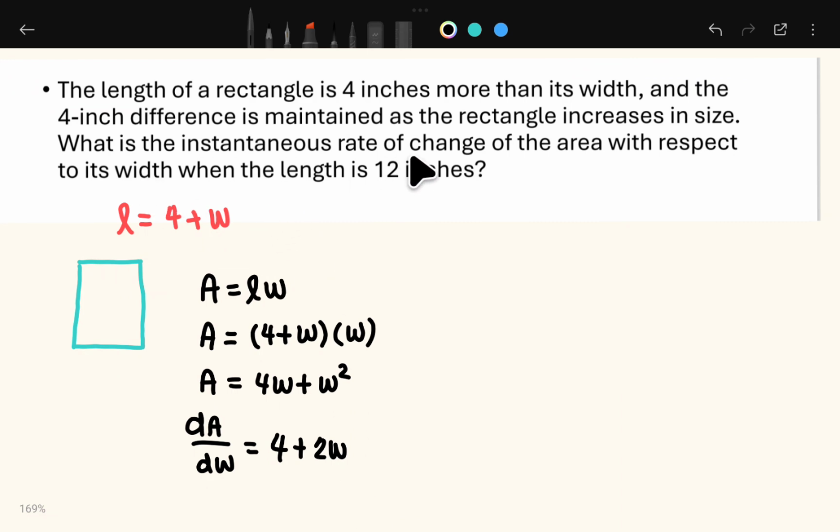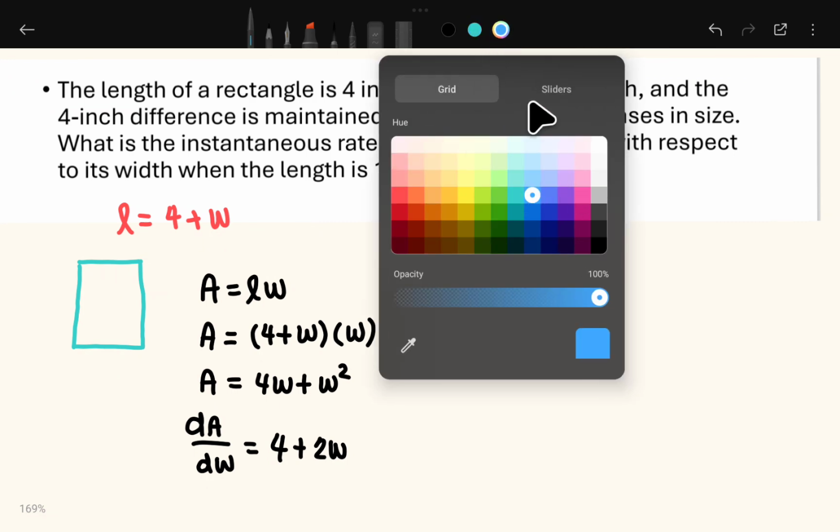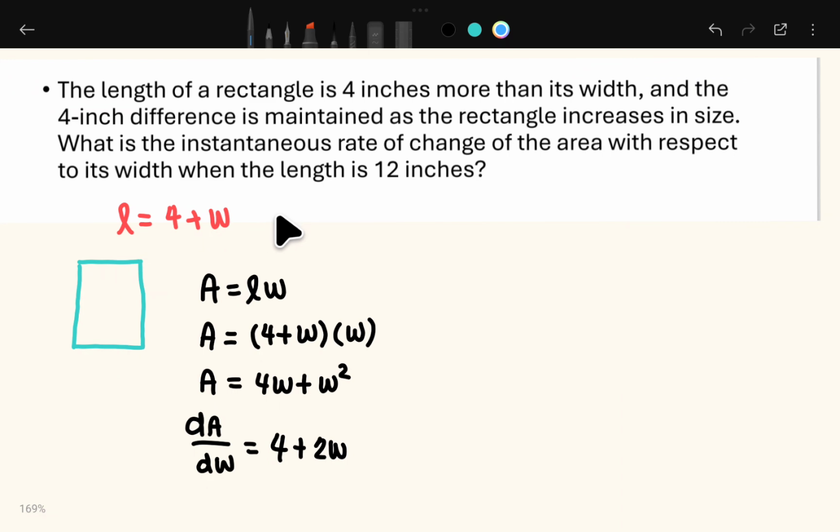So we need to know what this will be when the length is 12 inches. Now when the length is 12 inches, going back to our first equation, the width is equal to 12 minus 4, and that will be 8 inches.